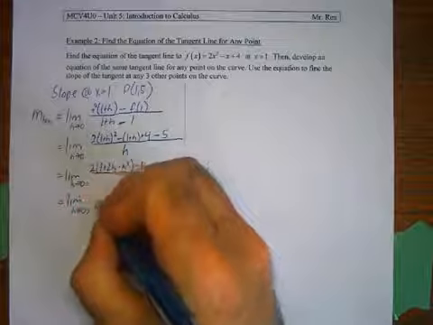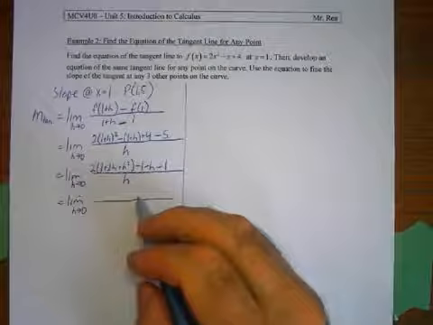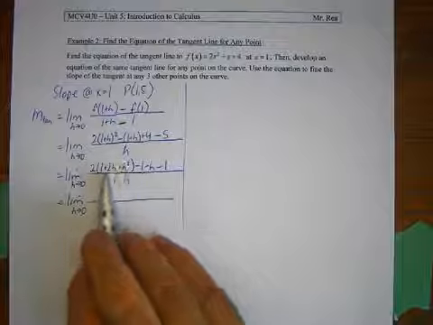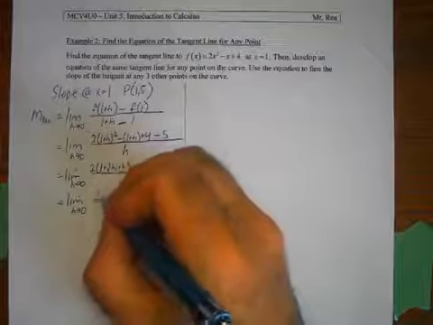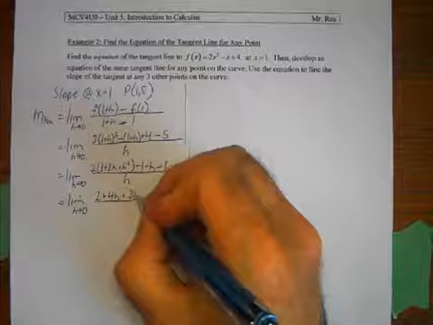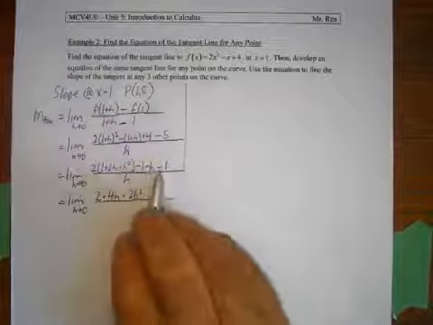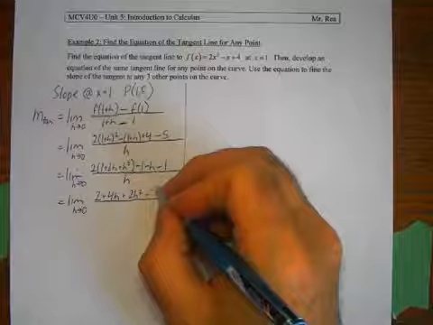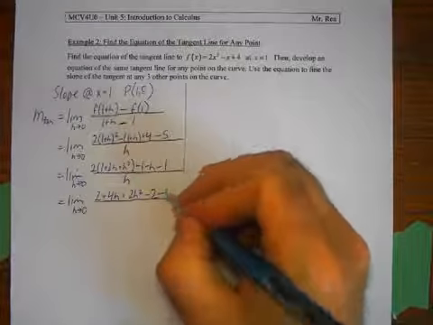Now, what I'm going to do is expand the brackets here. So I get 2 plus 4h plus 2h squared. I can put these two minus 1's together. So 2 minus 1's. And I get that over h.